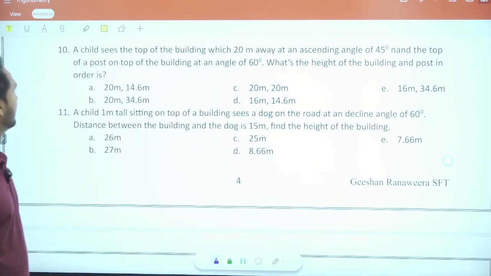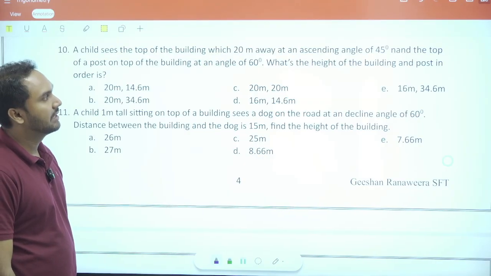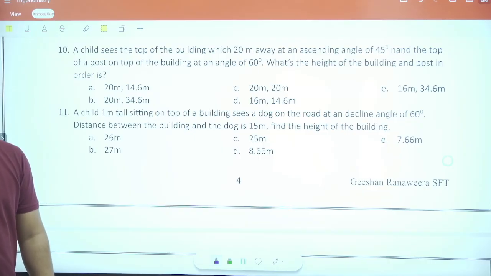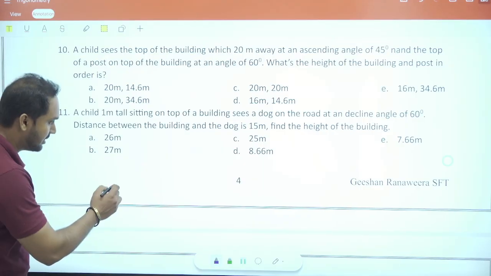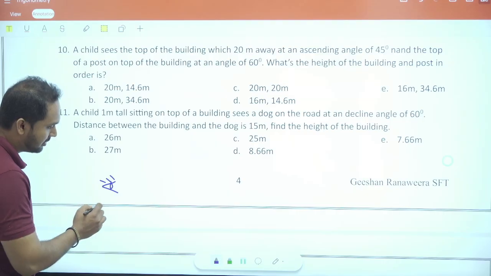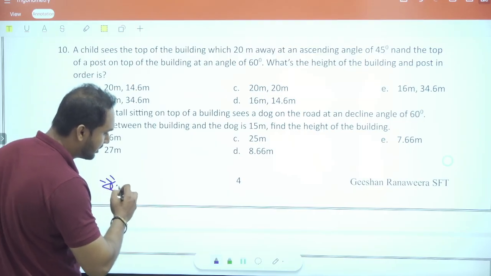Now listen, right? A child sees the top of the building which is 20 meters away at an ascending angle of 45 degrees, and the top of a post on top of the building at an angle of 60 degrees. First you'll have to draw it. 45 degrees, and what do you see? The building. Now this is the eyesight of the child, right?